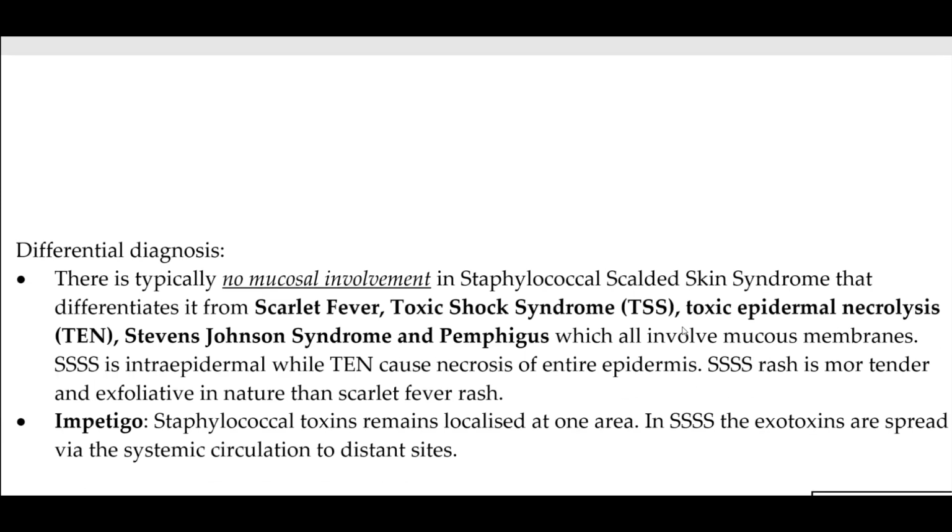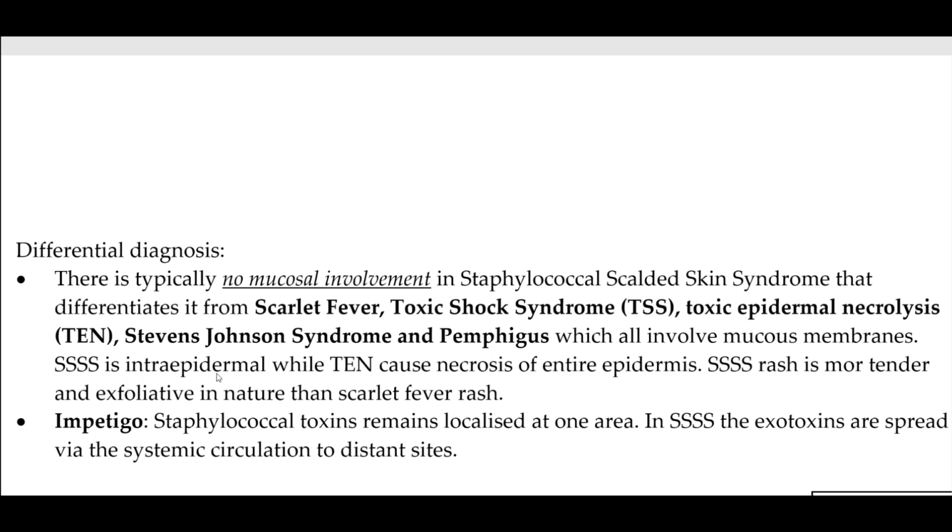So, differential diagnosis. First of all, there is no mucosal involvement, which was very evident in the case itself. So it differentiates from scarlet fever, toxic shock syndrome, toxic epidermal necrolysis, Stevens-Johnson syndrome, and pemphigus. In all these conditions along with skin, the mucous membrane is always involved, right?